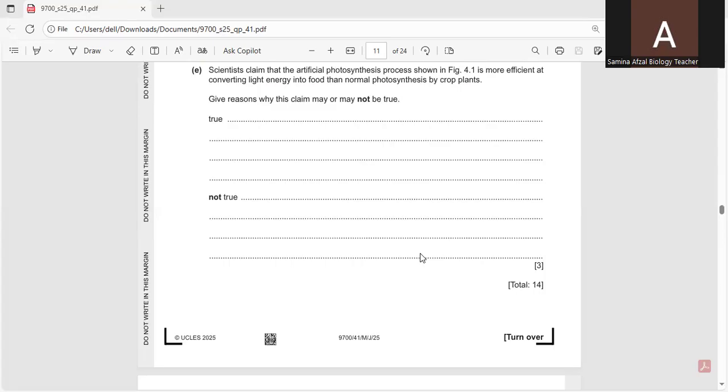So first of all, I would go with writing them. That is the elimination of carbon dioxide fixation constraints.